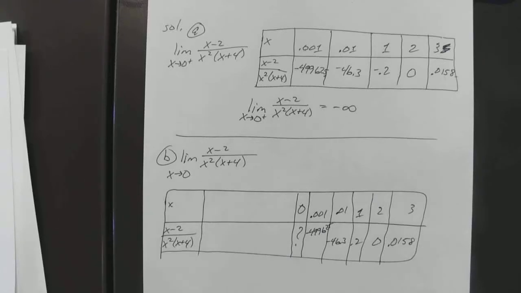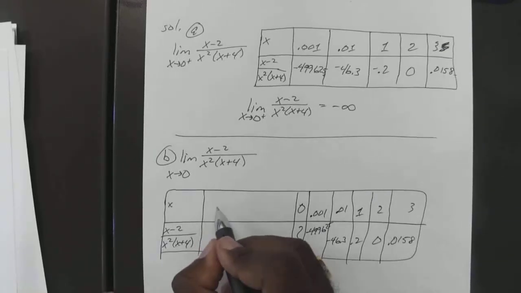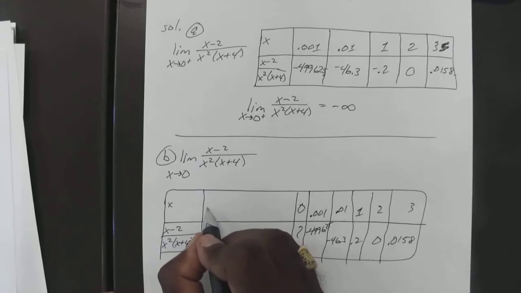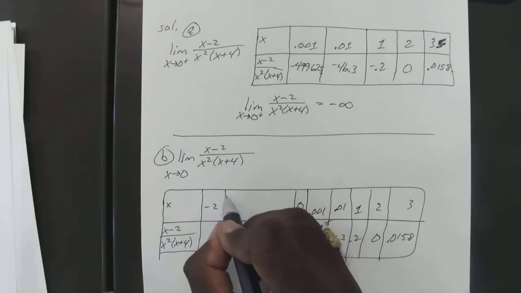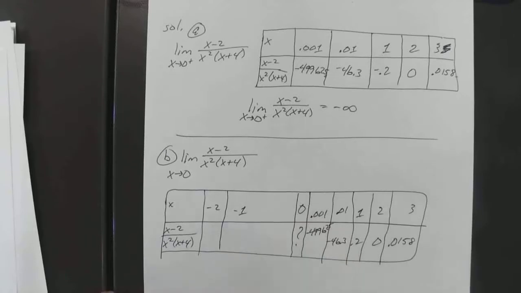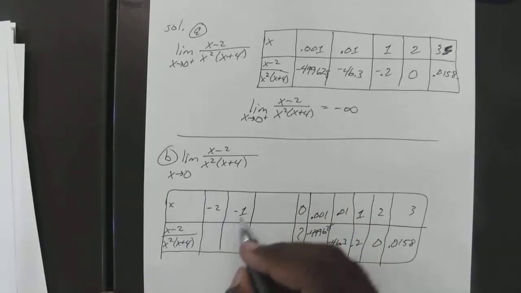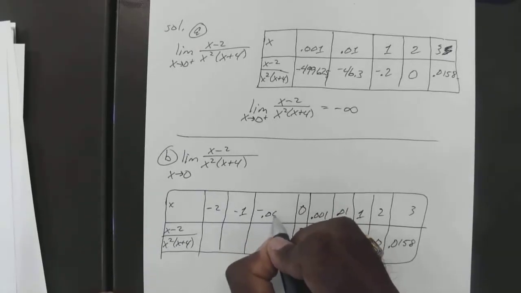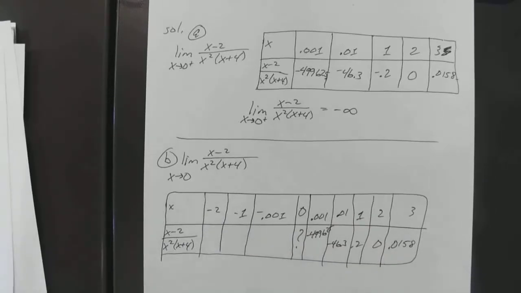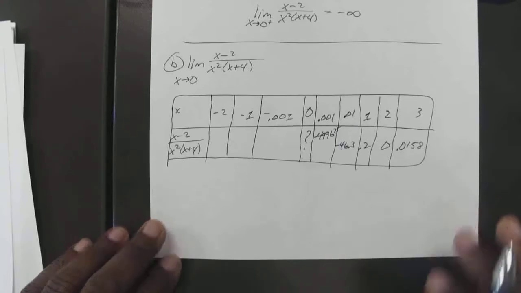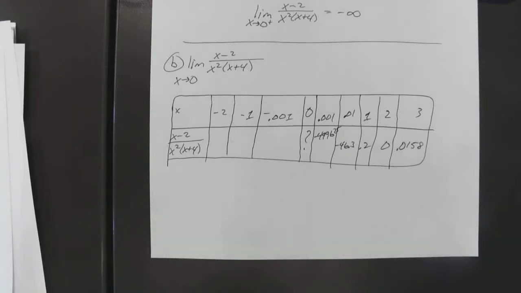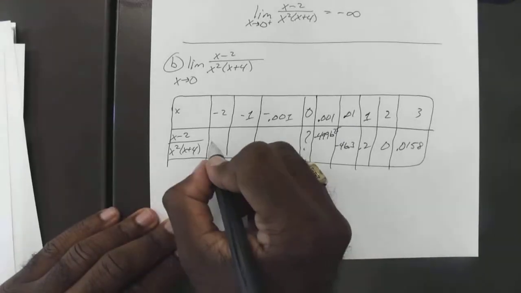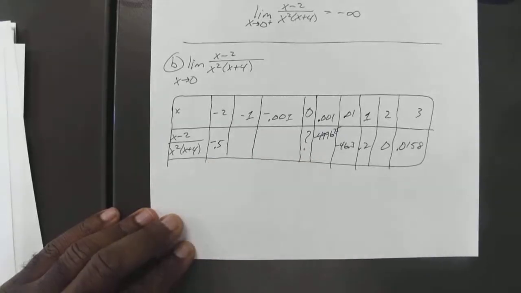Okay. Now if we're approaching from the left, let's say we start with negative 2, negative 1, and since we're limited on space, I'll go right to negative 0.001. Move that up a little bit. All right, so if we plug in negative 2, we'd end up with negative 0.5.